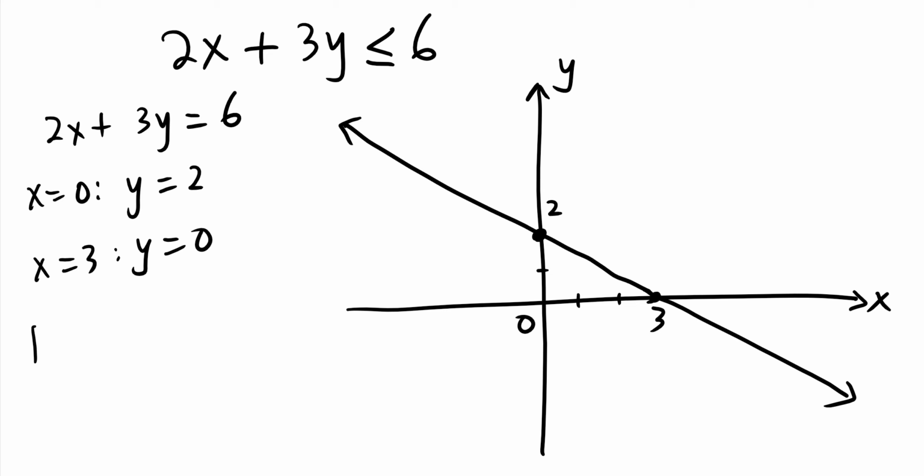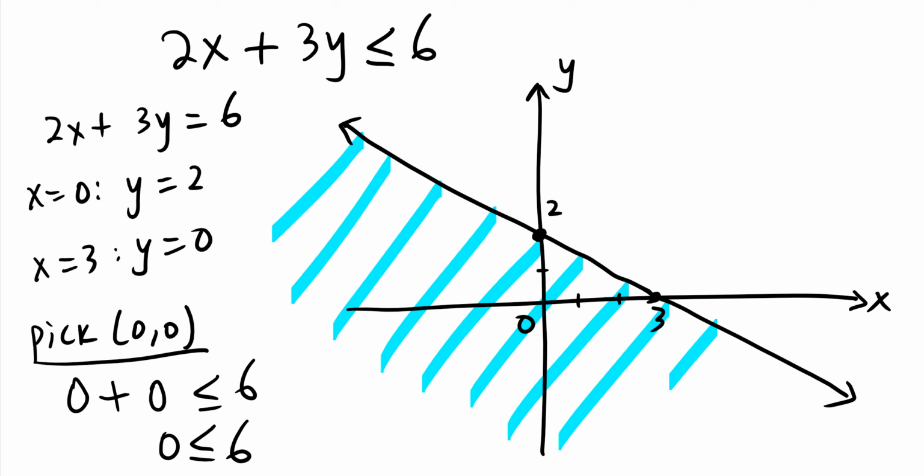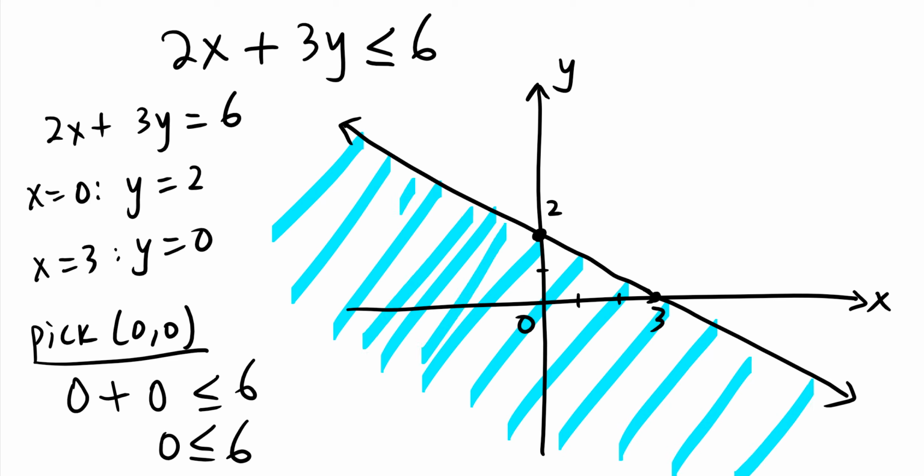And now we pick a testing point. The origin is the easiest. Substitute in, you get 0 plus 0 less than or equal to 6. 0 less than or equal to 6. Is that correct? Yes, that's true. So in this case, we shade the region that contains the origin, which is this one. It falls below the line. So that would be the solution region.